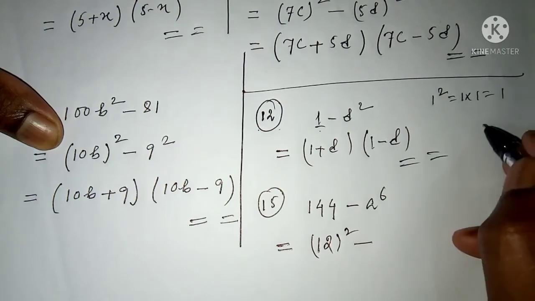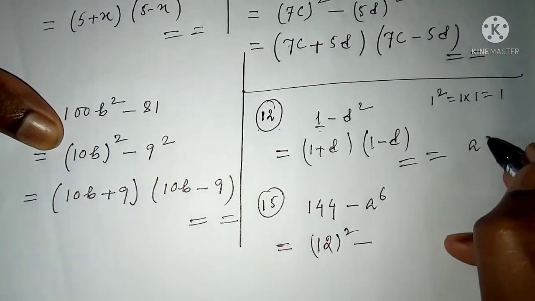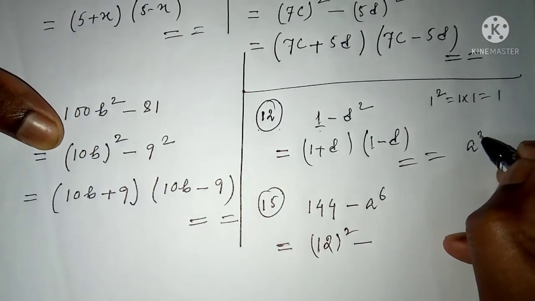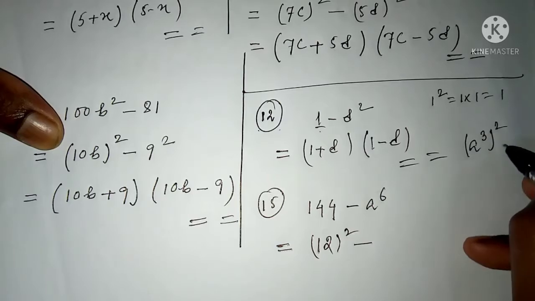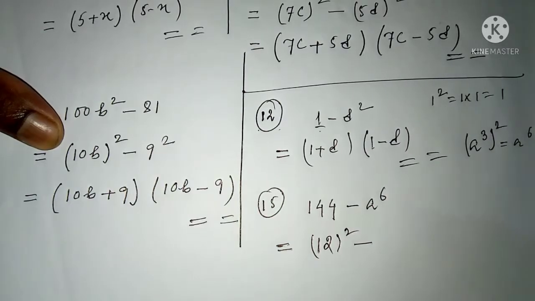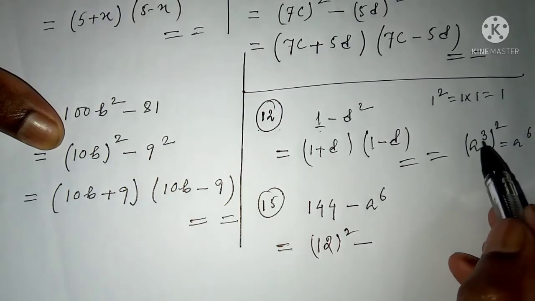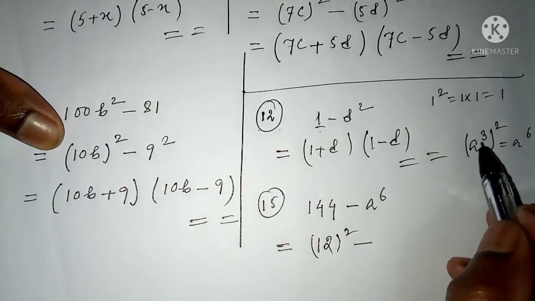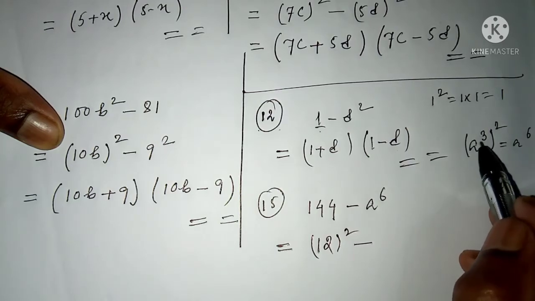One thing we know, when there is a power over power, I can multiply it. That means if it is a cube whole square, then 3 times 2 is 6, which means a to the power 6. Now here also I have a to the power 6. So can I write it like this? I'll consider a cube as one term, and over this cube I have a 2. That means I'll consider this as b square.